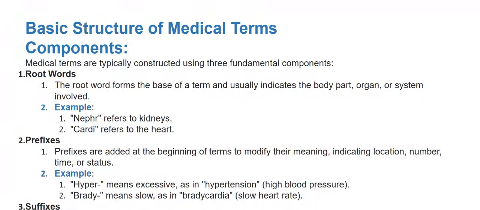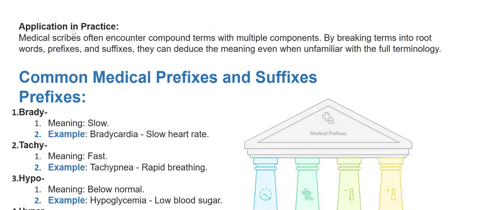Ectomy, E-C-T-O-M-Y, denotes surgical removal, as in appendectomy, removal of the appendix. Application and practice. Medical scribes often encounter compound terms with multiple components. By breaking terms into root words, prefixes, and suffixes, they can deduce the meaning even when unfamiliar with the full terminology.